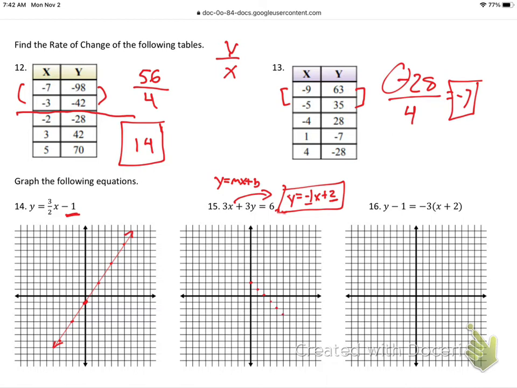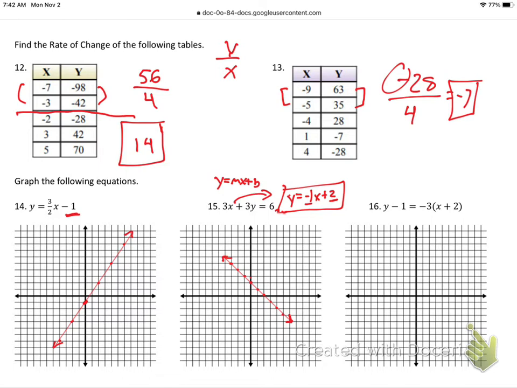But then we can reverse it, so it'll be positive, up 1, and then to the left 1. Okay, and then we're just going to draw our line. Put your little arrows, because it continues off the graph, and you're all set.